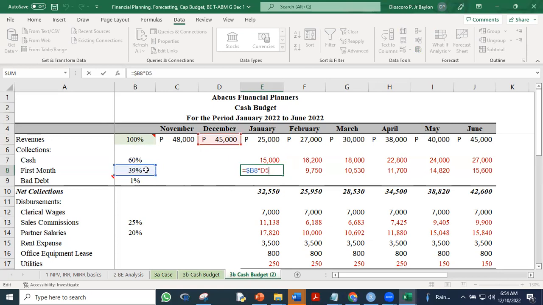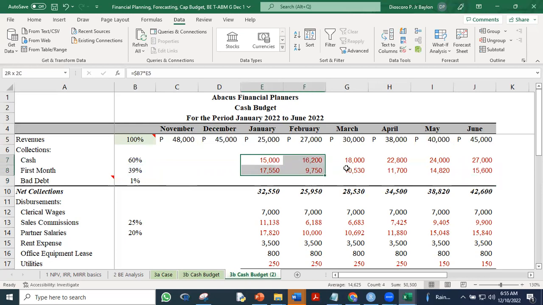So 39% of the sales of December will be collected in January. Same thing here. For February, it's the sales of January multiplied by 39%, up to June. So for June, the sales of 40,000 in May, 39% of which will be collected in June. So these are now our collections.